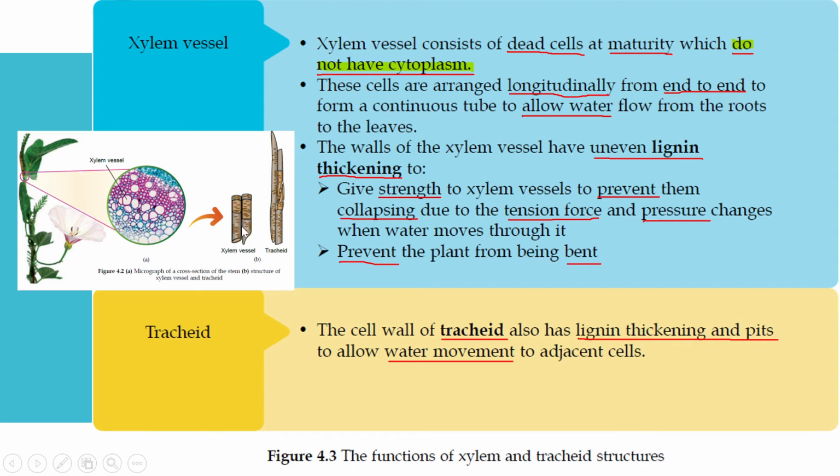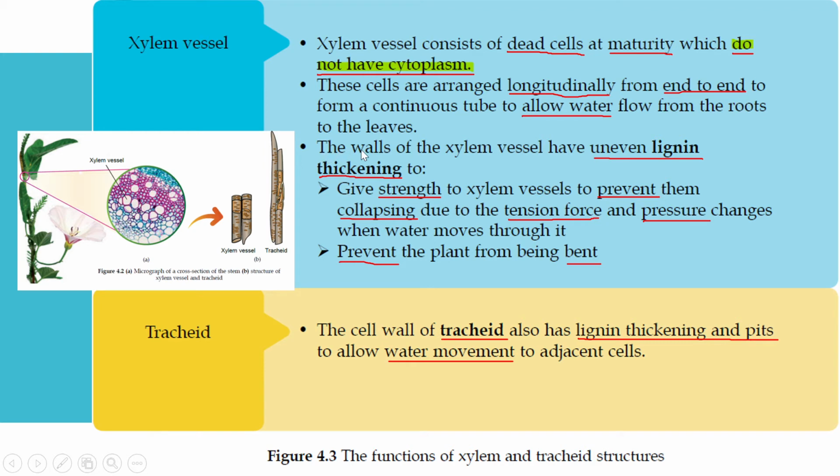As you can see right here, it's like a long piping system. Why is it so? Because they want to allow water to flow from the roots to the leaves, to the stem, to other parts of the plants. So it has to be a hollow, continuous tube.